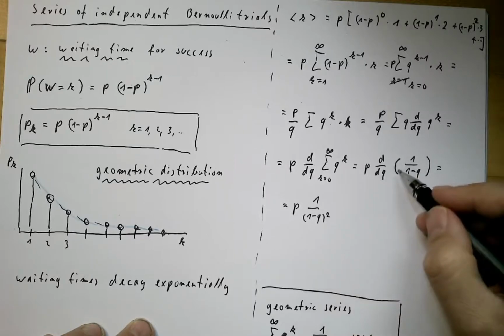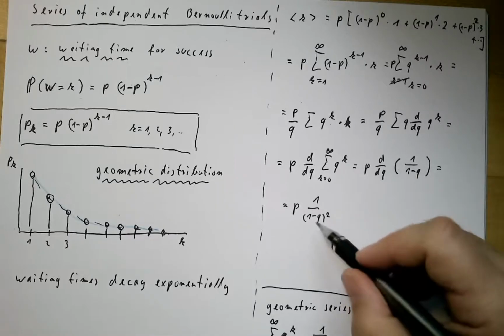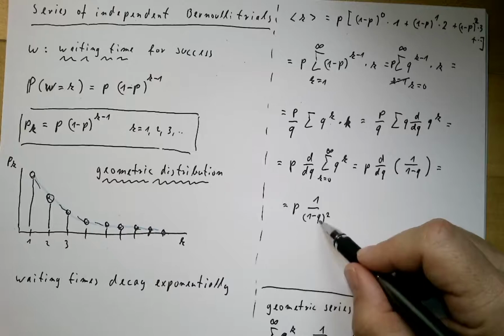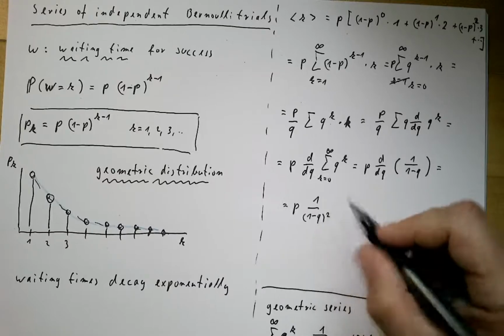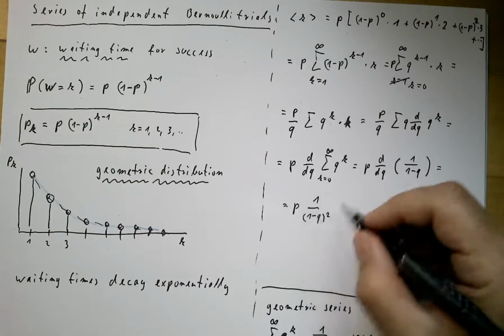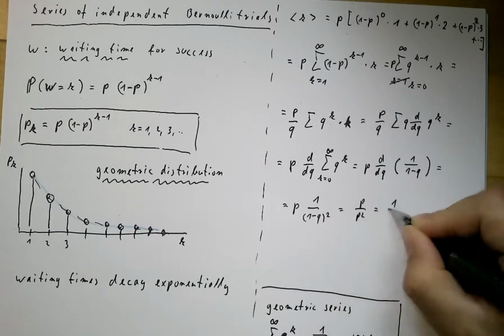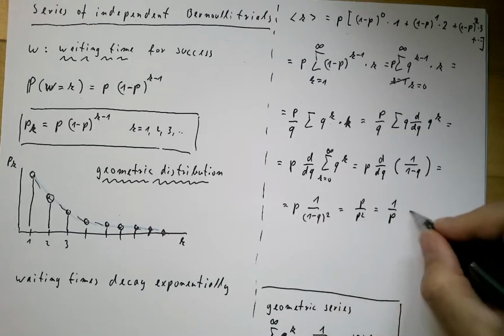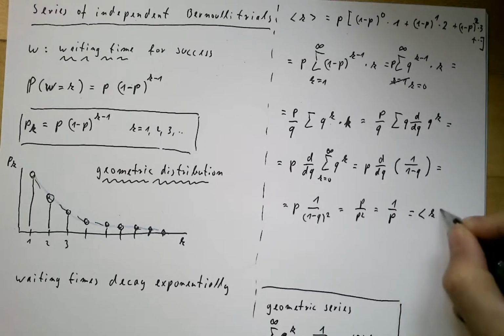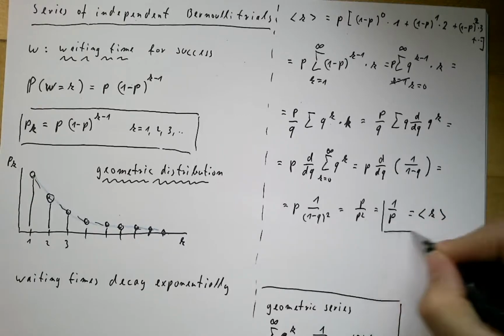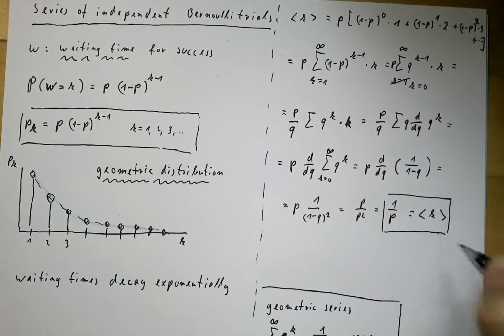This was just taking the derivative. And now remember 1 minus q is p. Then we have p over p squared, which is 1 over p. And this is the expectation value of the waiting time.